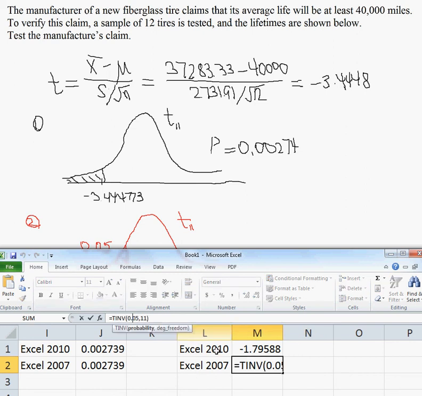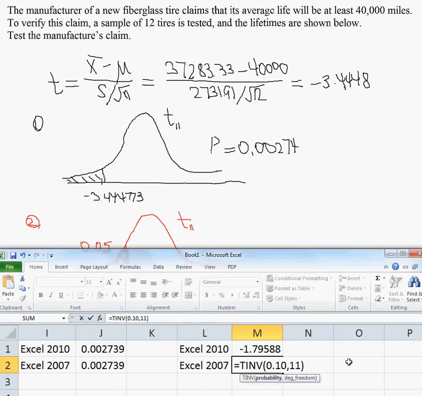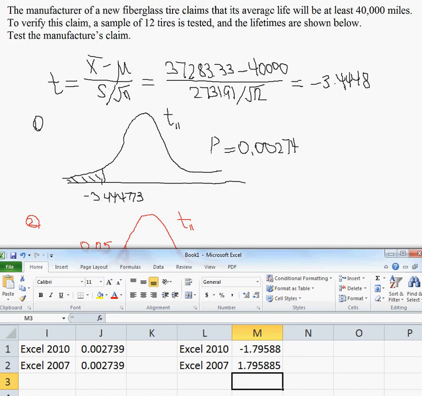To get the correct answer, I need to take that 0.05 and double it. So if 5% of the area lies to the left, then by symmetry there's another 5% that lies to the right. 5 and 5 gives me 10%, 0.10. And so when I hit enter here, I do get the correct answer, except of course I want the negative answer as opposed to the positive answer.